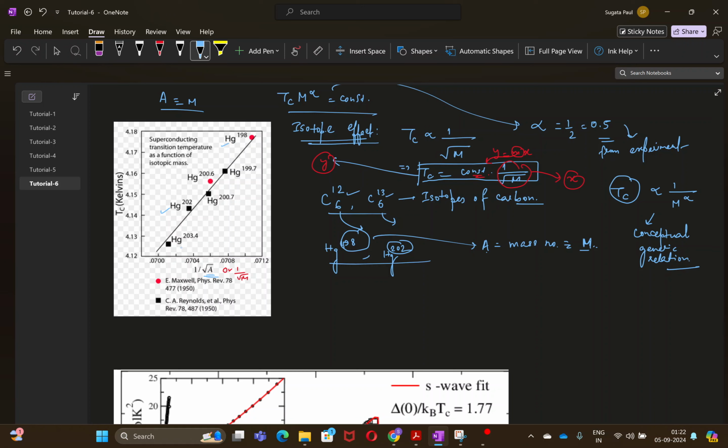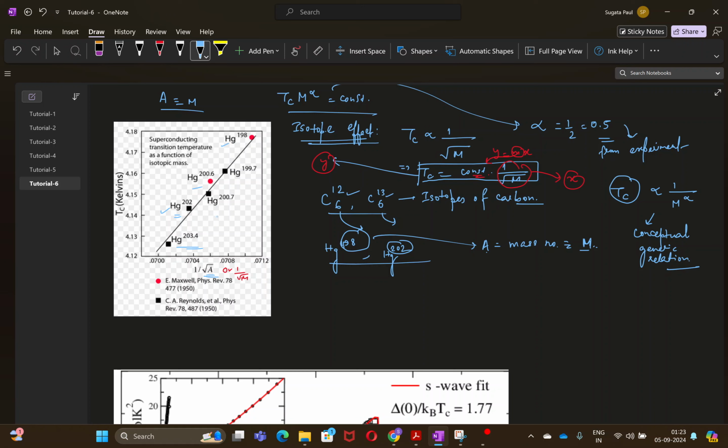So for different isotope variants of mercury Hg, there is different isotopic mass, that is 203, 202, 200, 200.6, 200.7, 199.7 and 198. So all of these have been chosen, and their Tc has been measured, and it is seen that when you plot that Tc value with respect to 1 by root over of m on the x-axis, you get a straight line like that, effective straight line.